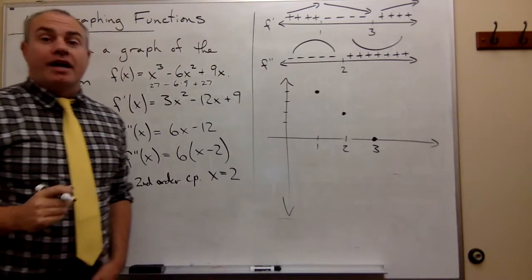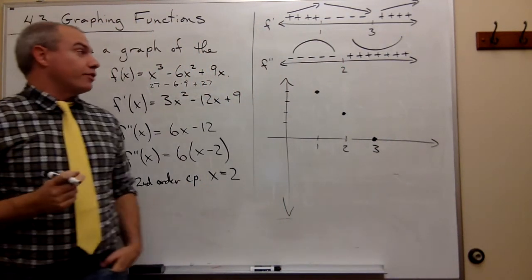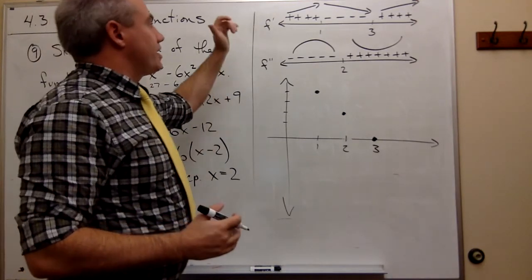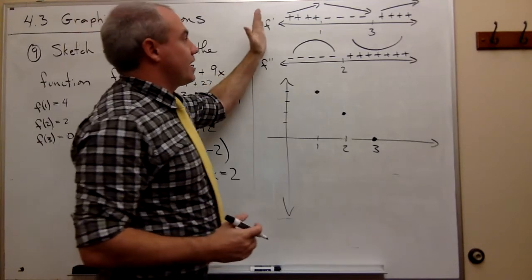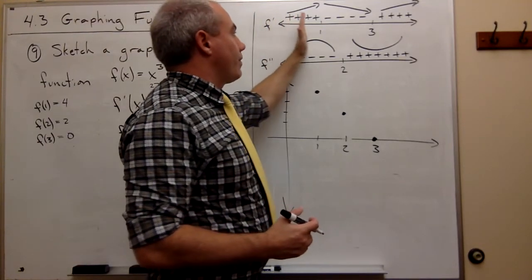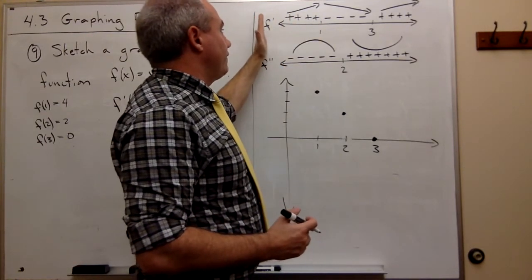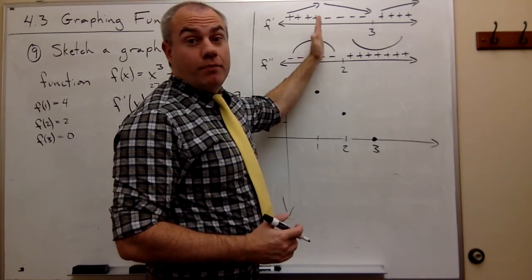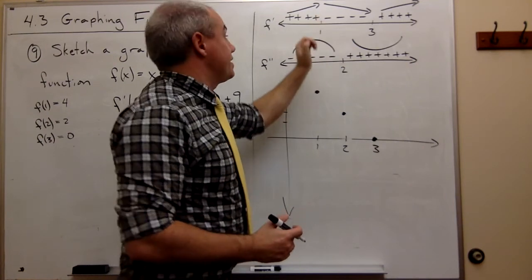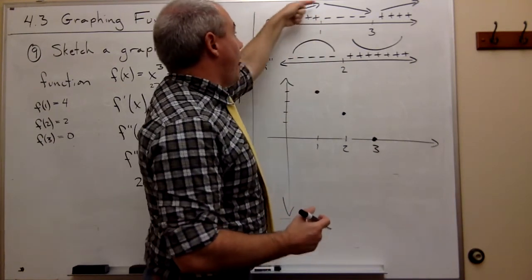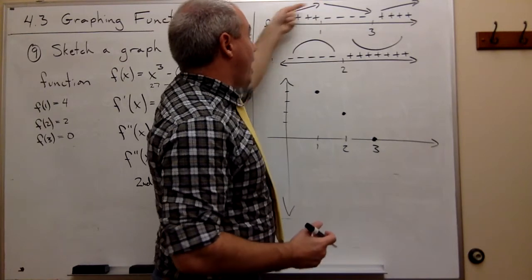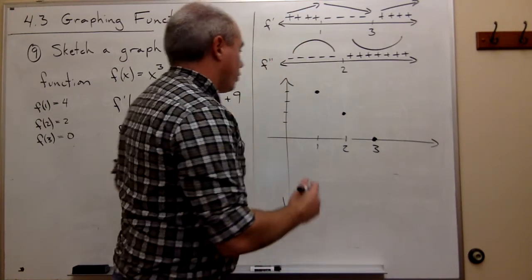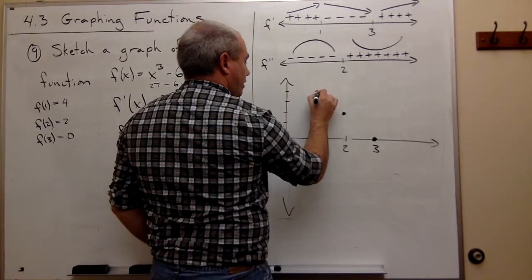Okay, so now that I have these 3 points put onto my graph, I think I'm ready to draw this thing. And the way that I want to draw it is I want to start on the left-hand side of these number lines and work my way across. So starting on the left-hand side and coming in this way until I get to the first important point, which is 1, what I see is I'm going up, and I'm concave down.